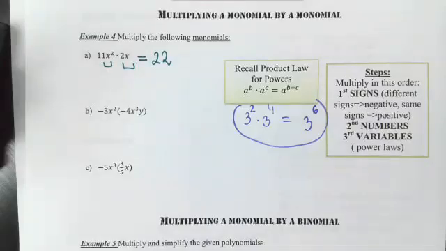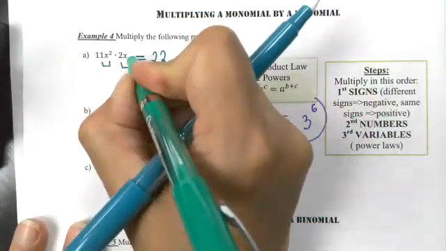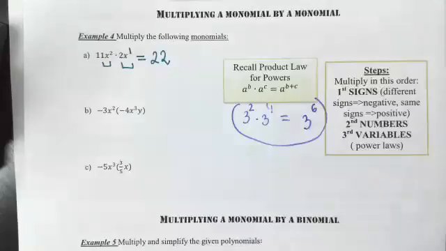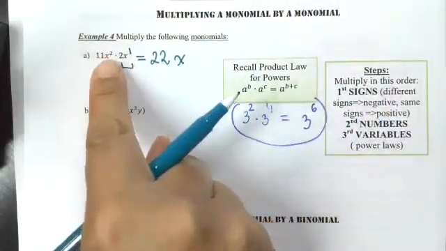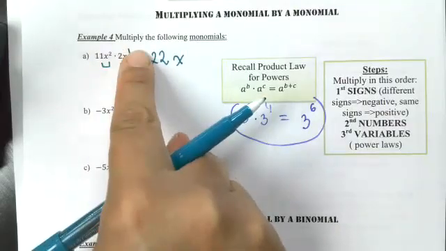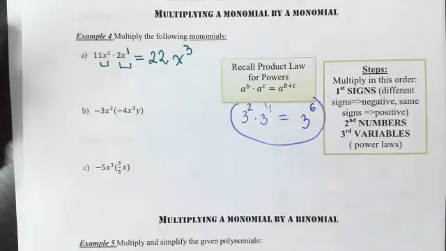Now what's the exponent of x? What's here? 1, we said, right? That means we keep the x, which is the base, and we add the exponents, 2 plus 1, which is 3. So the final answer of that multiplication is 22x cubed.